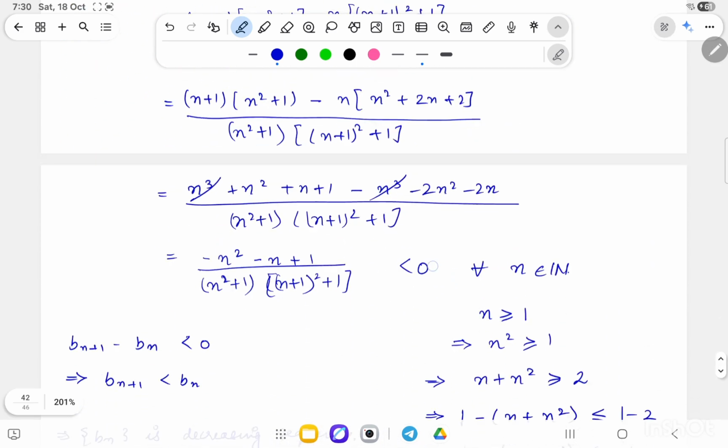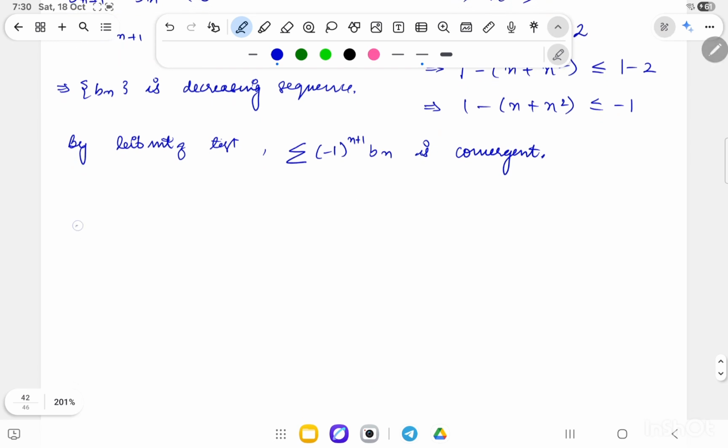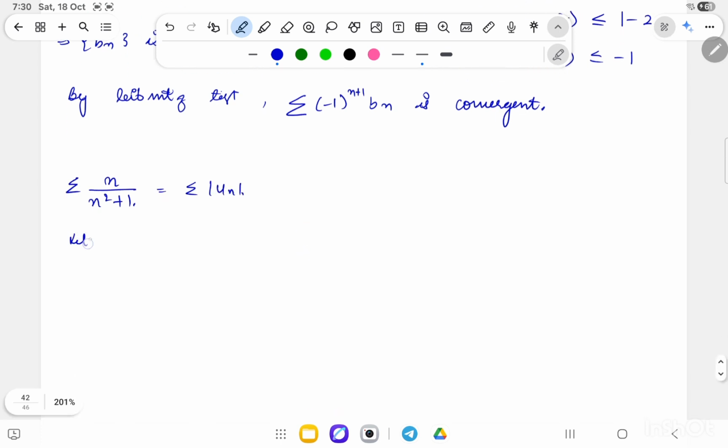So the absolute term series of this will be summation n divided by n square plus 1. Let's name it as summation mod un. Now let's assume another series, that is summation 1 by n. And how do we know which series we should compare? If you observe, this sequence is similar to n divided by n square, that is 1 by n.